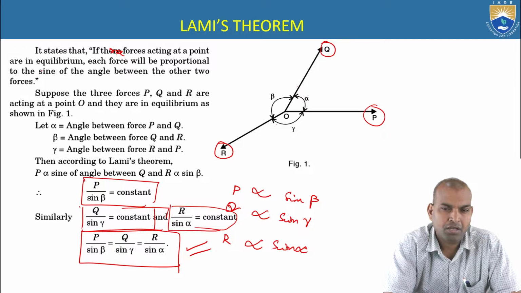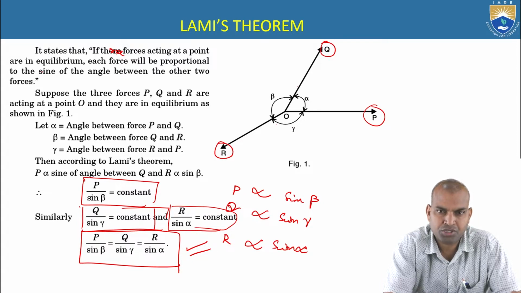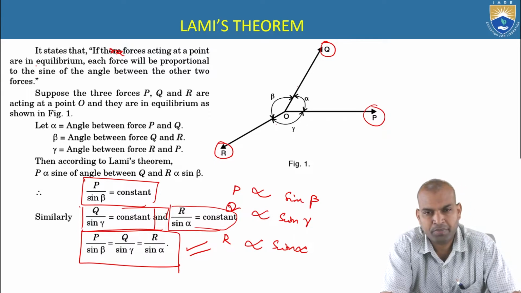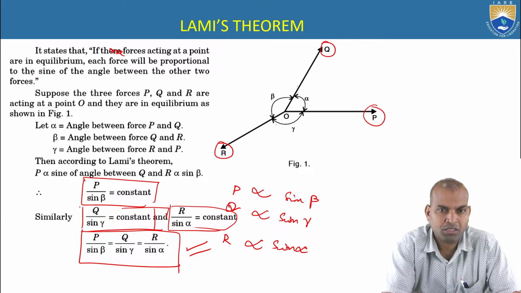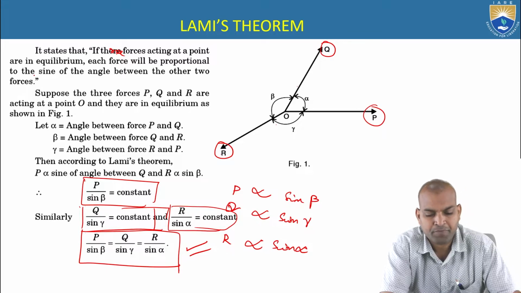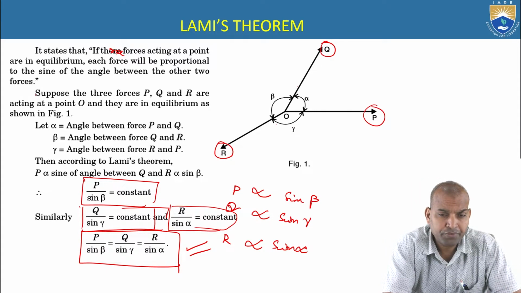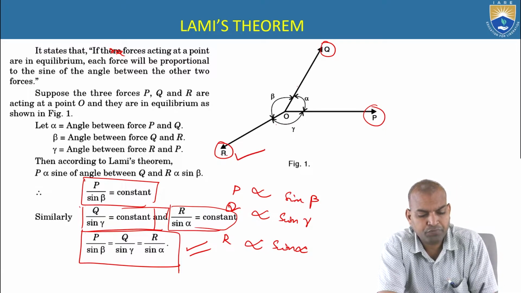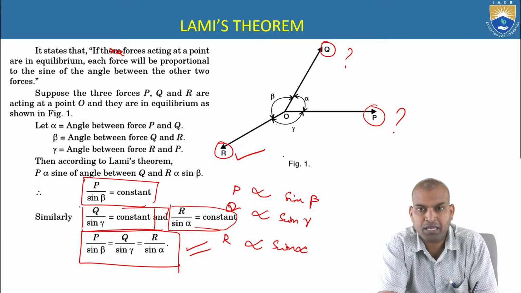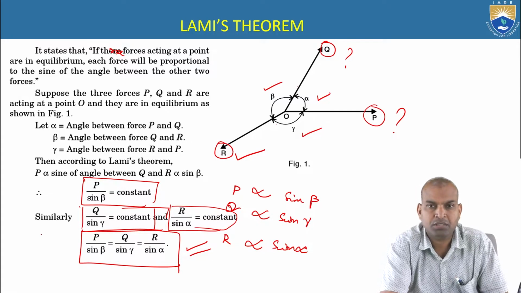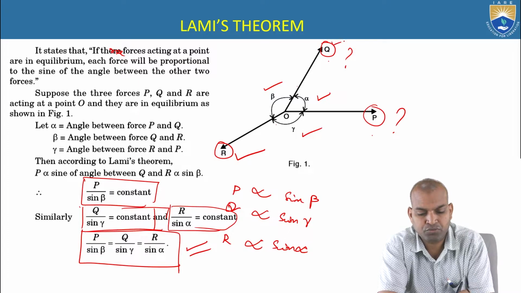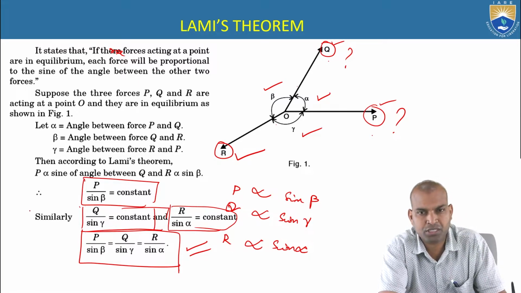Once again, why should we use Lami's theorem? Lami's theorem is useful to find unknown forces. If we know P and the angles alpha, beta, gamma are known, then we can find the other two forces, Q and R. Or if the R force is known, and alpha, beta, gamma are known, then Q and P can be calculated.